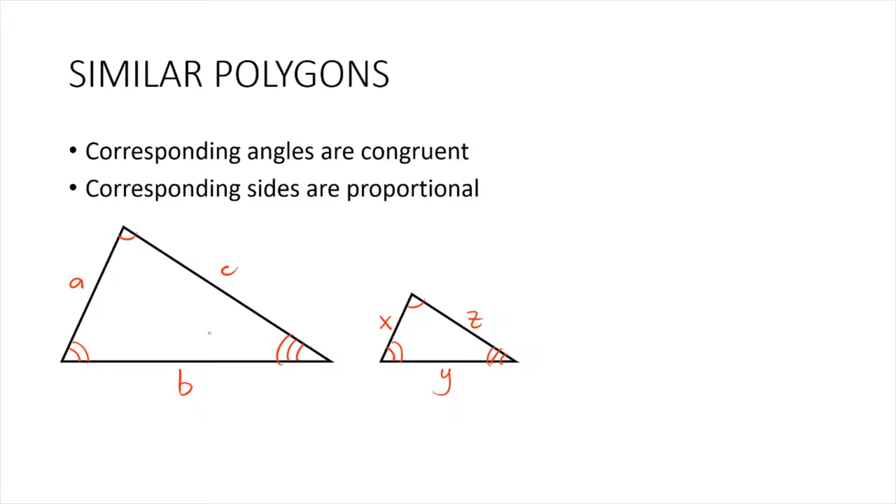And then the ratio between two corresponding sides, for example, let's take the ratio between these sides of the larger triangle. So we have A over B. This should be equal to the ratio between the corresponding sides on the smaller triangle. So the corresponding side for A is X, and the corresponding side for B is Y.